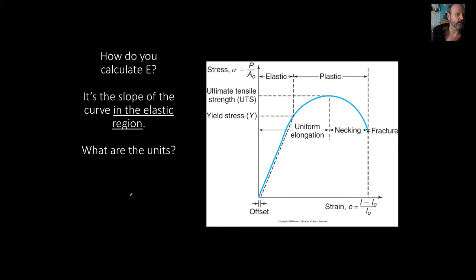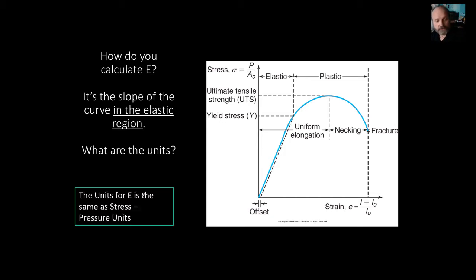But now, studying stress-strain curves and understanding what's going on, I get it. So the units for E are the same as for stress, which are pressure units: newtons per meter squared, or megapascals, or pounds per square inch.